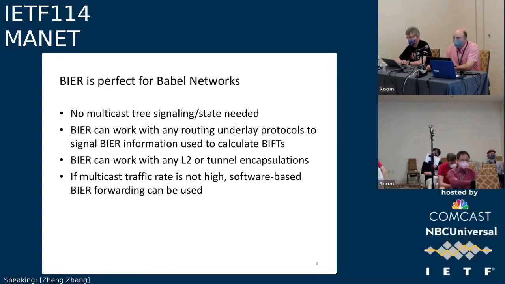BEER can work with any L2 or tunnel encapsulations, as we mentioned, MPLS, IPv6, and so on. If the multicast traffic rate is not high, BEER forwarding can also be achieved by software. So BEER is perfect for Babel networks. Next, please.